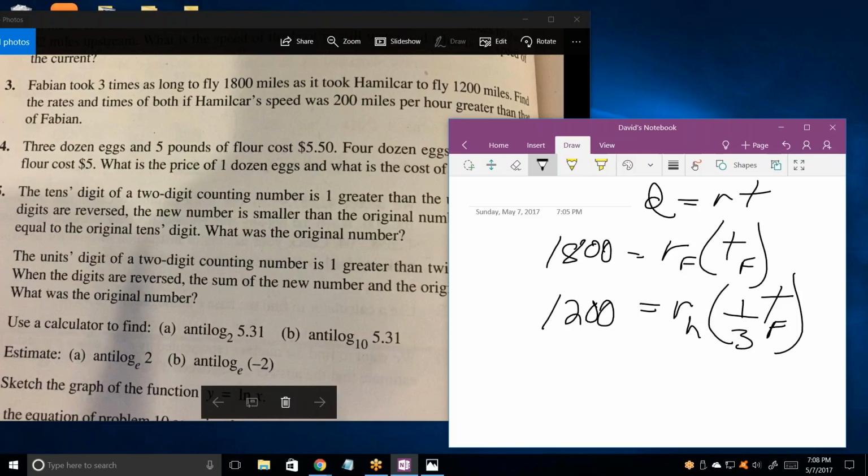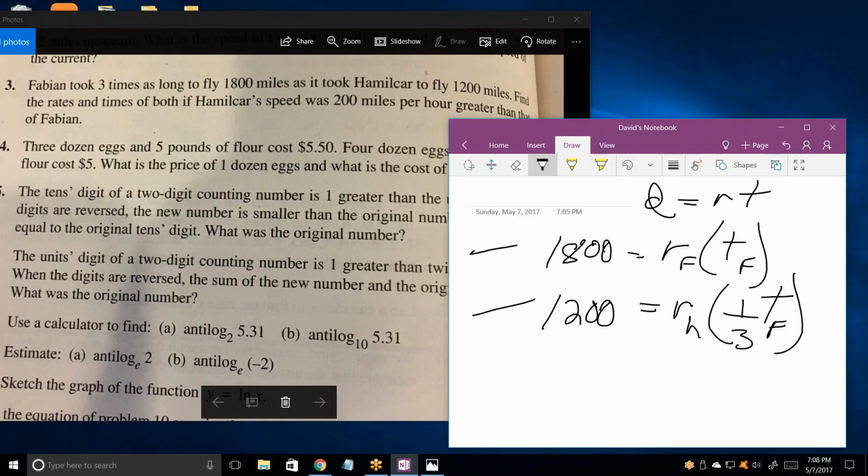Yeah. Okay. Now, they give us more information, which we probably need, because notice that what we have here is 3 variables and only 2 equations. You can never solve that. You always have to have the same number of variables as equations.